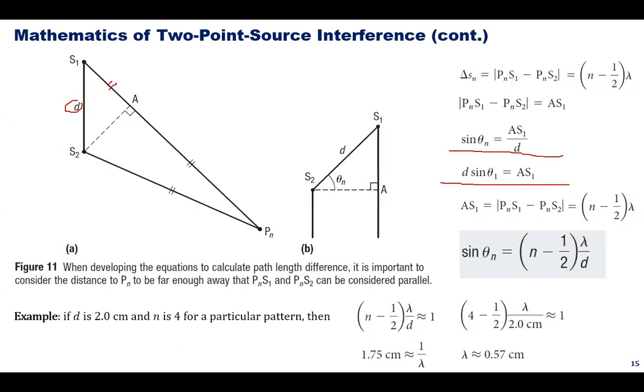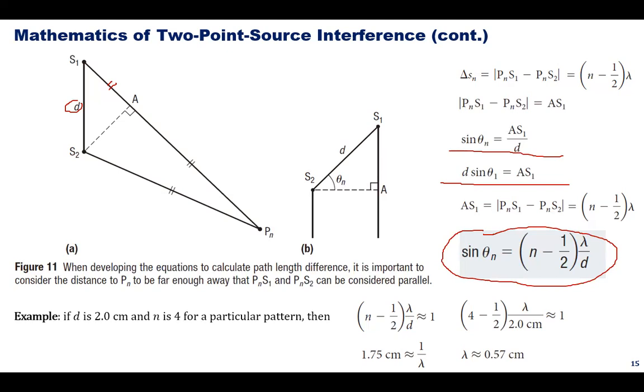Combining this with the expression for ΔS1 in terms of sine theta n, this gives us the following relationship: sine theta n equals (n minus 1/2) times lambda over d. The angle for the nth nodal line is theta n, the wavelength is lambda, and the distance between the sources is d. Using this equation, we can approximate the wavelength for an interference pattern.